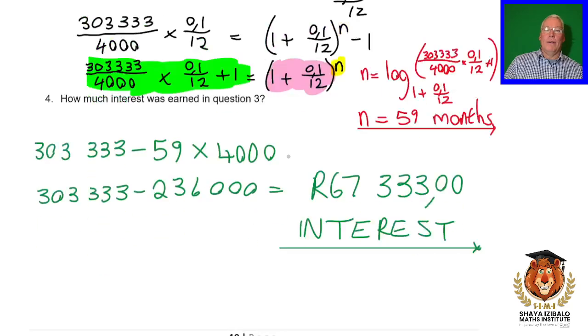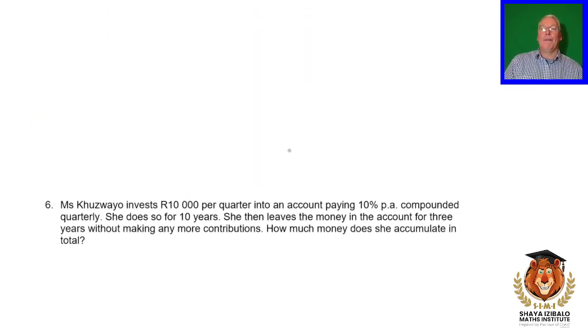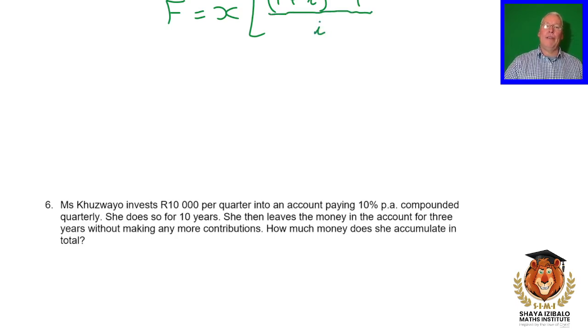Right. Now, let's take a look at number 5. Once again, I'm just going to write the formula down before we go any further. So there we have it. F equals X, square brackets, 1 plus I to the power of N minus 1 over I. Once again here, I'm seeing that I is 0,12 over 12.